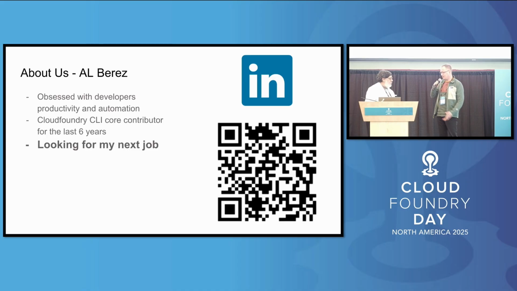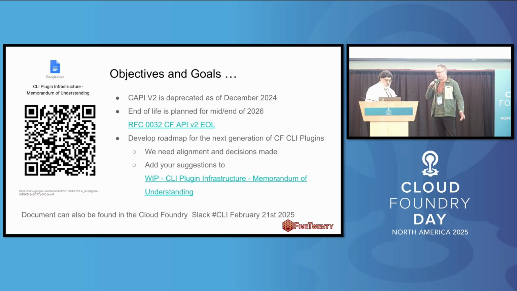And the next slide, we'll talk a little bit about our objectives and goals. As many know, our CAPI v2 is deprecated as of December 24. End of life is planned around the end of 26, which is next year.